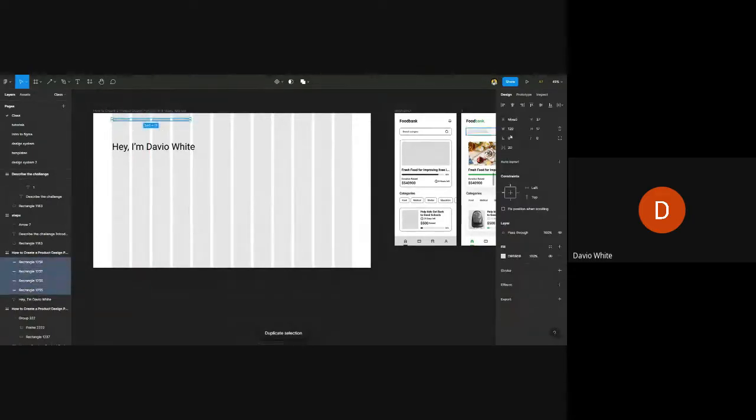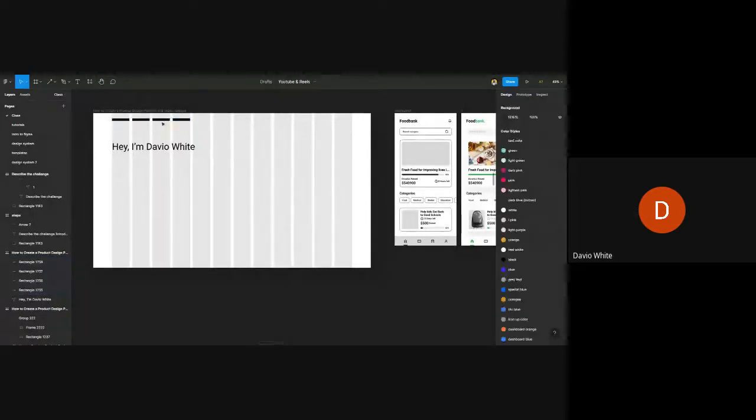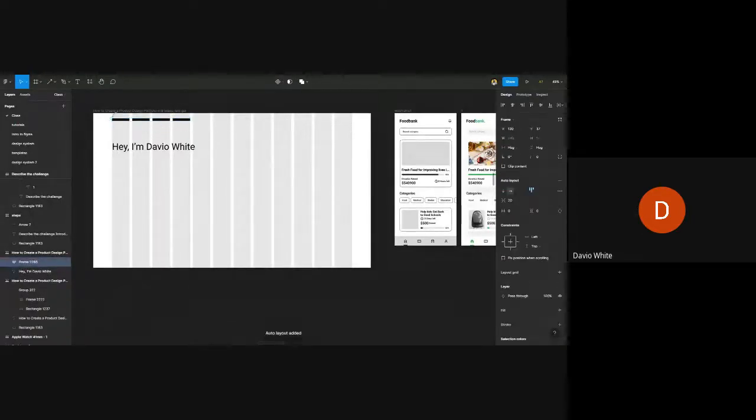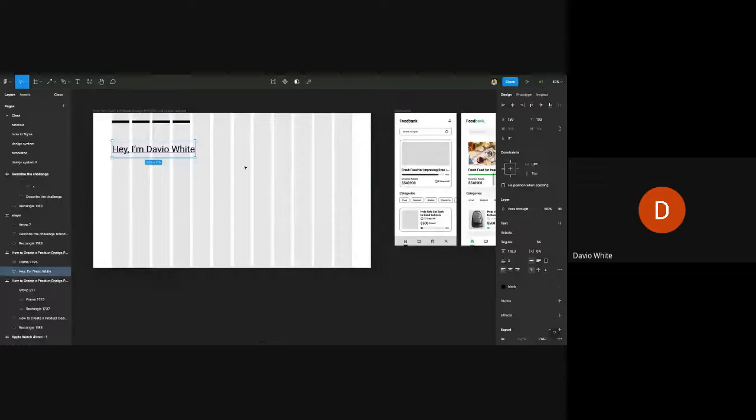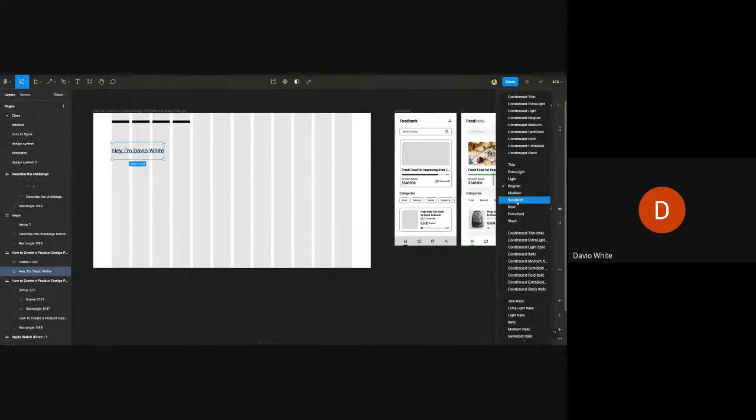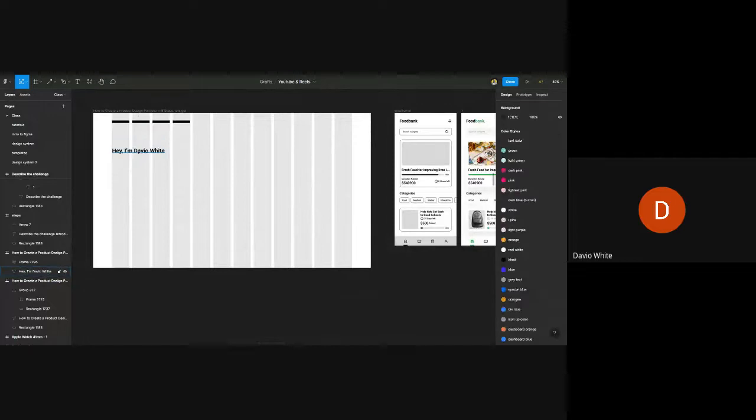I have some color styles over here, so I just auto layout this and bring them down a bit. So let's go. First off, I'll reduce the size of this to close to 40 and make this semi-bold.